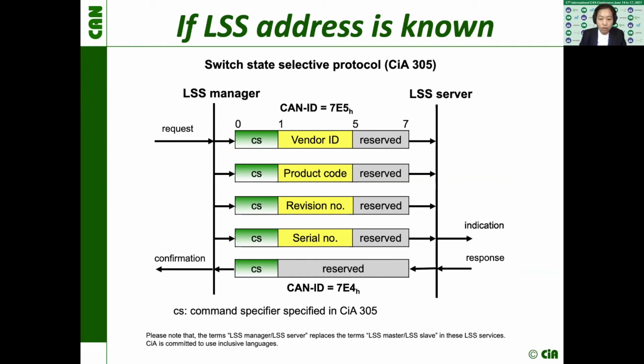The vendor ID, product code, revision number, and serial number are sent in 4 data frames in sequence. The LSS server with the same LSS address will be switched into LSS configuration state so that the LSS manager is able to modify the local layer settings, for example, the node ID.